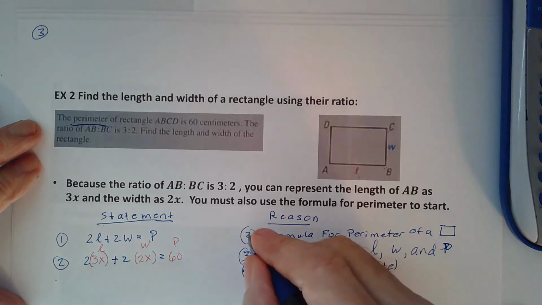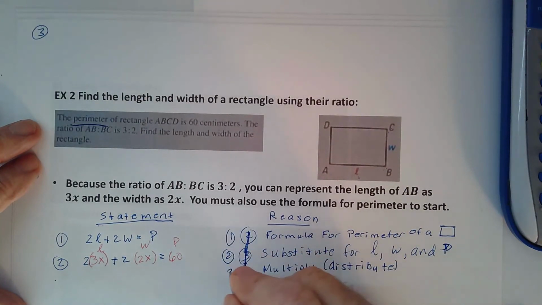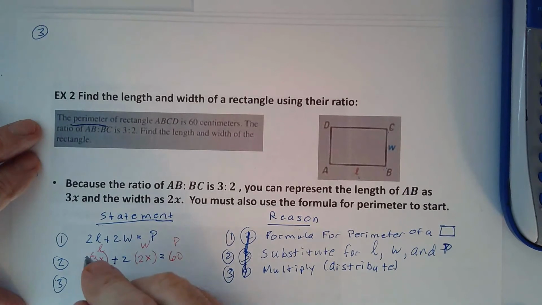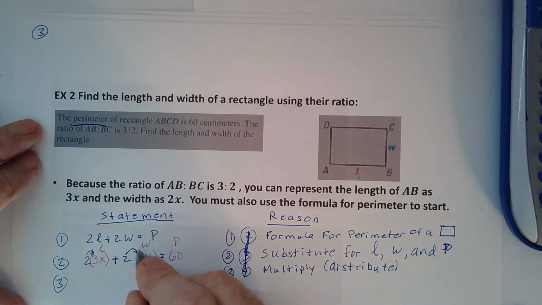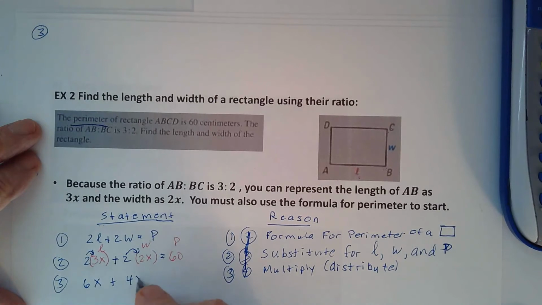Oh, I got my numbers wrong. Haha. 1, 2, this is 3. Okay, 1, 2, and now 3 over here will distribute. So 2 times 3, distributing, 2 times 2. 2 times 3 is 6, so we have 6x. Plus 2 times 2 is 4x, and that equals 60.